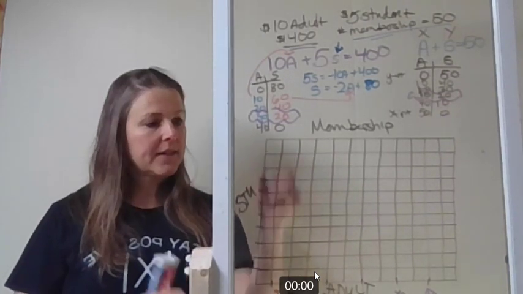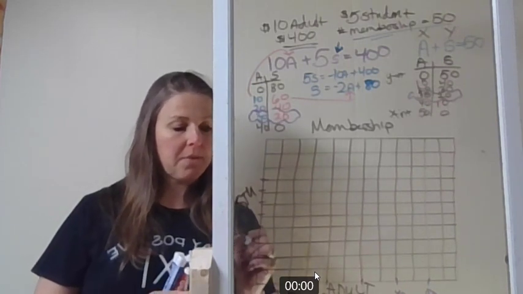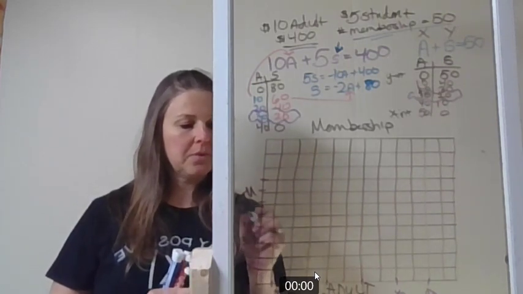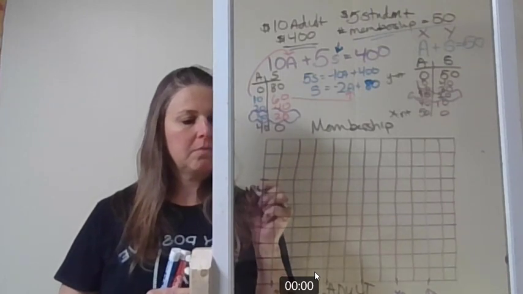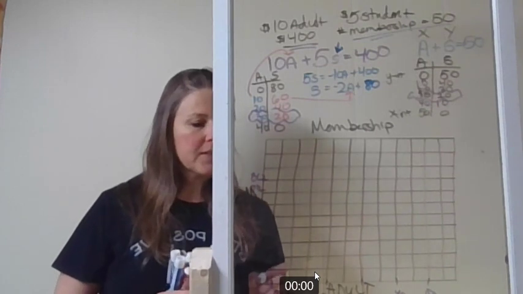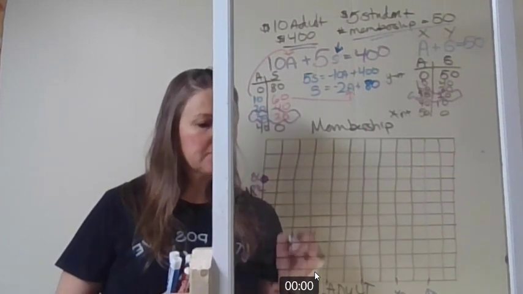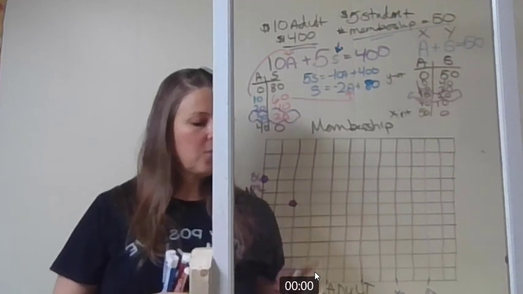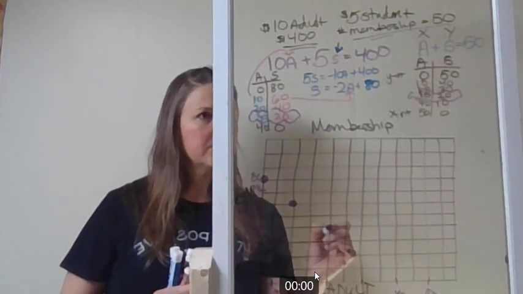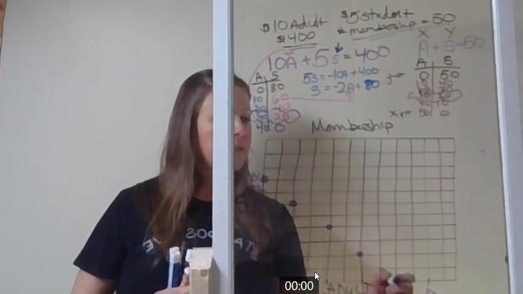Since mine isn't quite big enough, I'm going to count by 10s, but you're welcome to count by whatever your graph will allow you to. Okay, so for this equation, over 0 up 80, over 10 up 60, over 20 up 40, over 30 up 20, and then over 40 up 0.